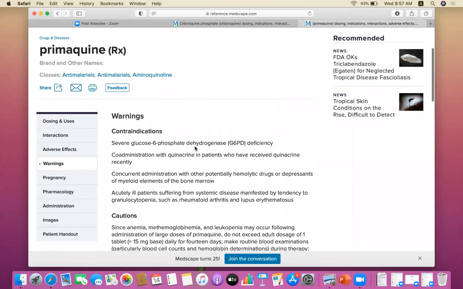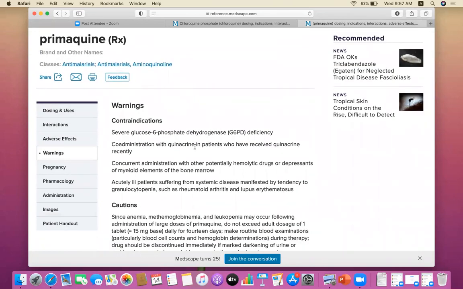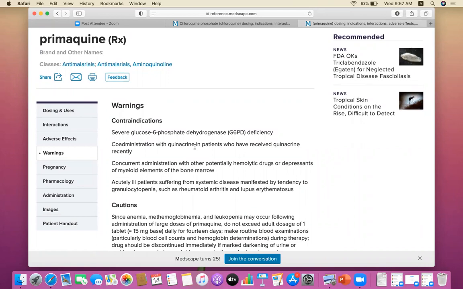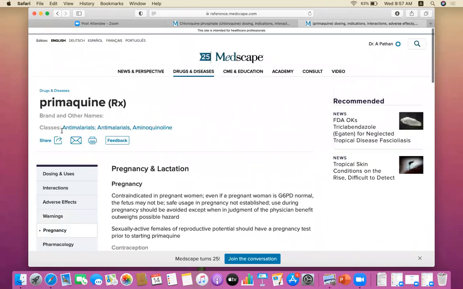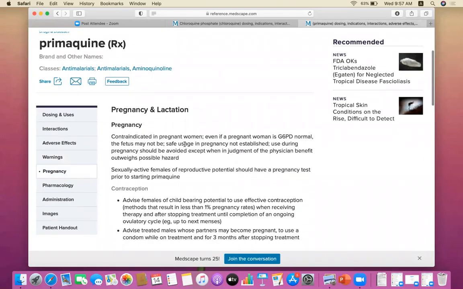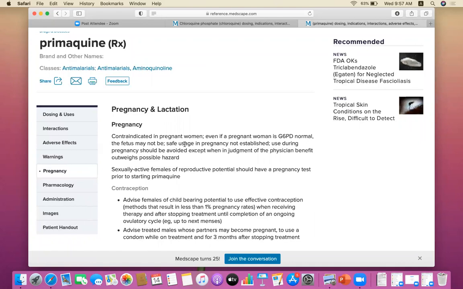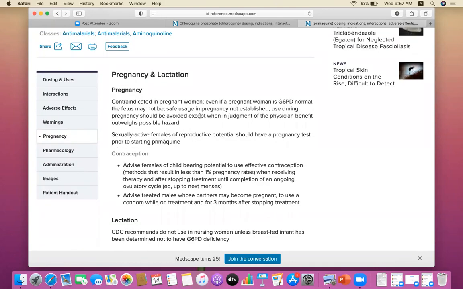Severe glucose 6 phosphate dehydrogenase deficiency. Use in pregnancy: if you click on pregnancy, it is not recommended to use, contraindicated in pregnant women, even if the pregnant woman is glucose 6 phosphate dehydrogenase normal.